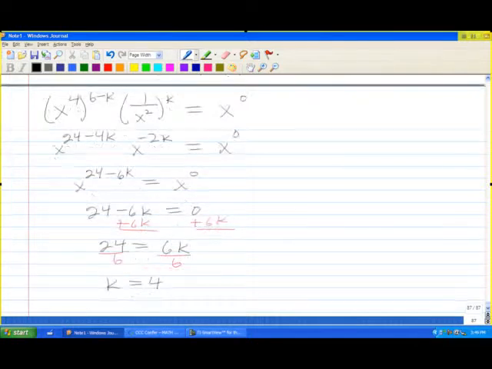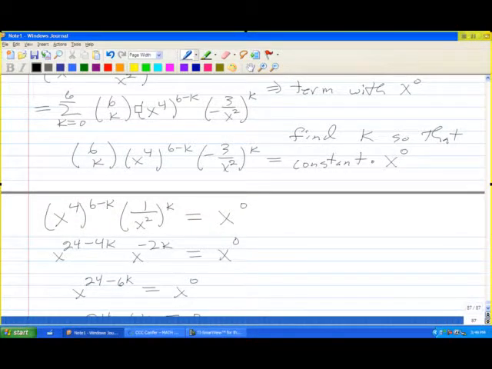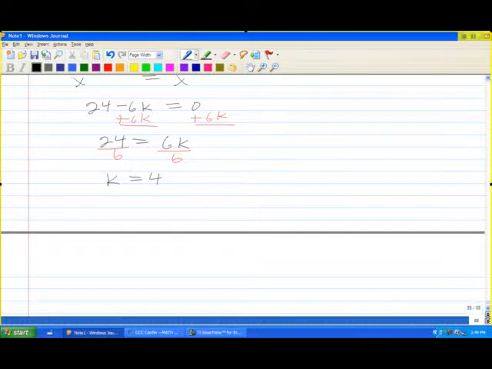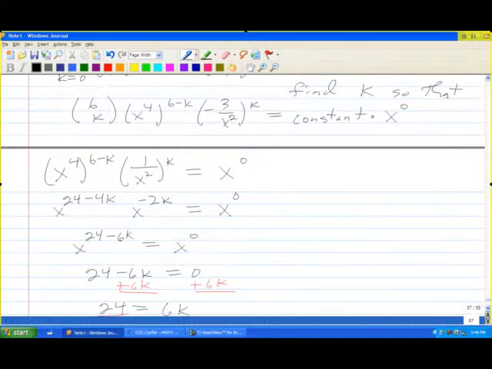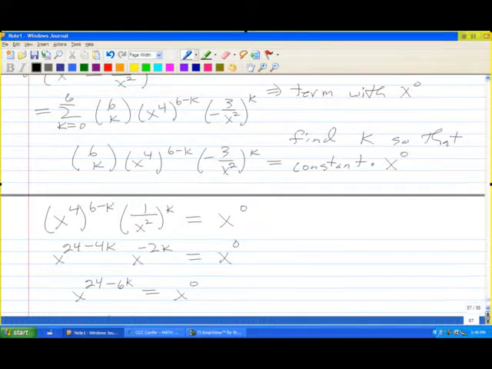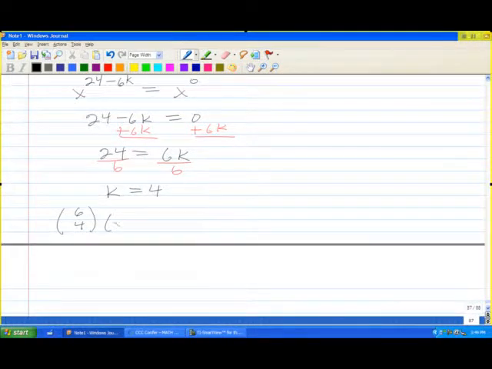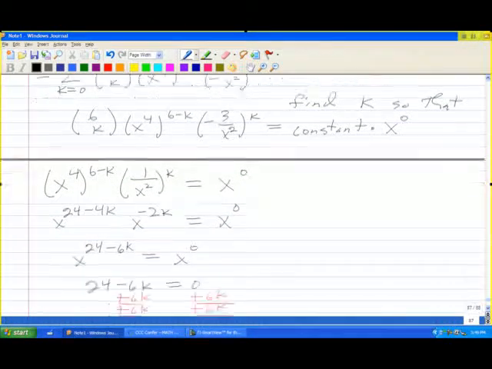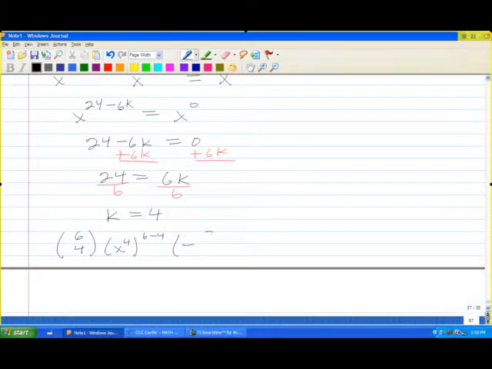So to find the constant term, I just want to plug in 4 into this expansion here. And so it looks like 6c4, x to the 4 to the 6 minus 4, negative 3 over x squared to the fourth.